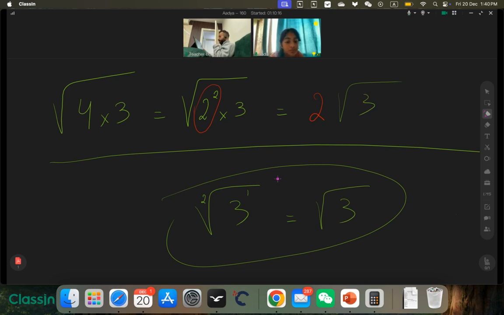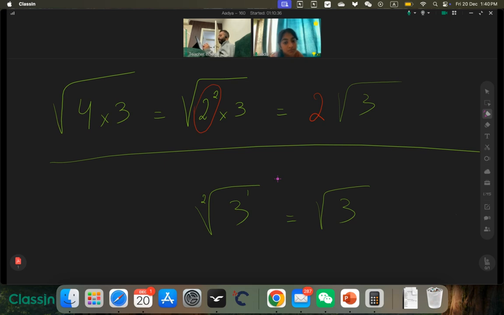Because it cannot go out. Maybe in future classes you will notice that, yes, it is 3 power half. But for now, you don't have to write it as 3 power half, because you're not going to need it now. But later on, you're going to need the power half. So forget about the power half.